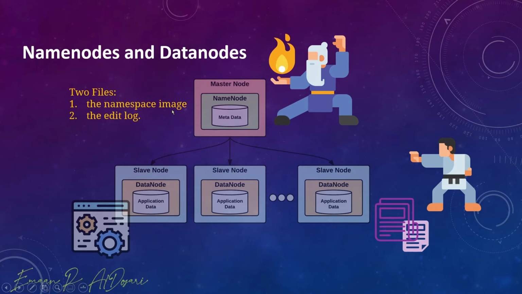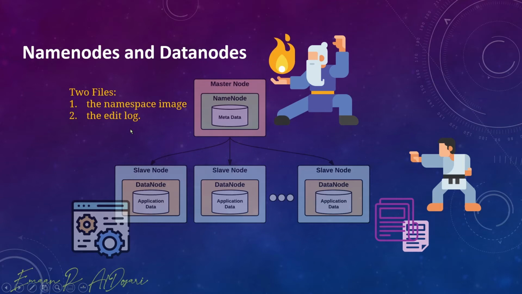The namespace image is like the map for all files and blocks. How many clusters do we have? How many nodes do we have in that cluster? And in case we need to edit any namespace image, we do that processing in the file called the edit log.